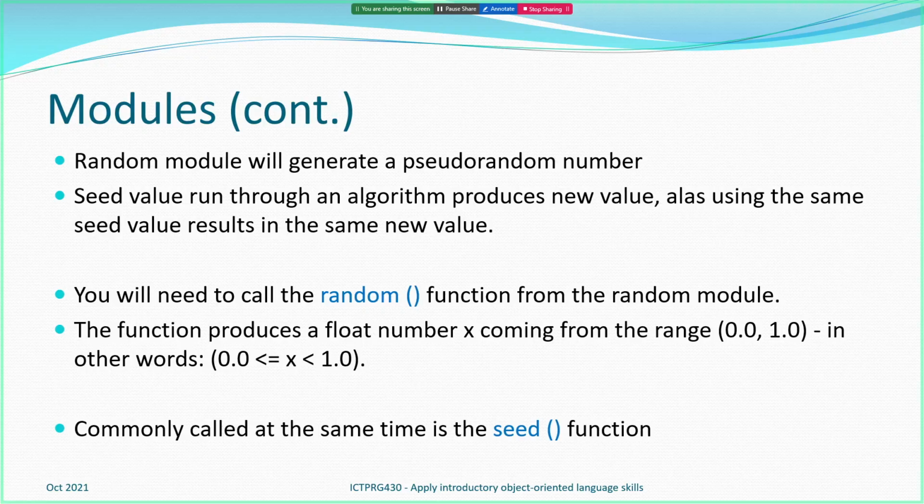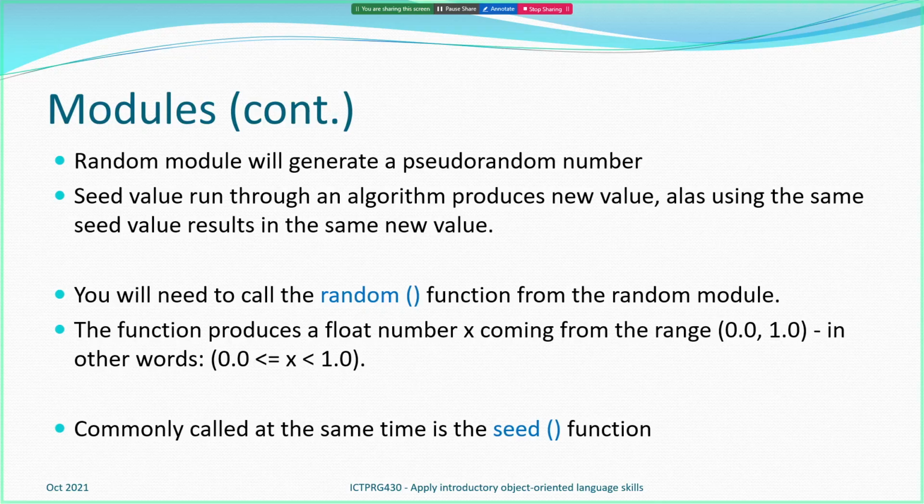Now, random numbers aren't so random. The function that goes by the random name will produce the same number through its algorithm if it starts with the same seed. Now, what's the seed? The seed is the starting value that is injected into the algorithm to create a random number.